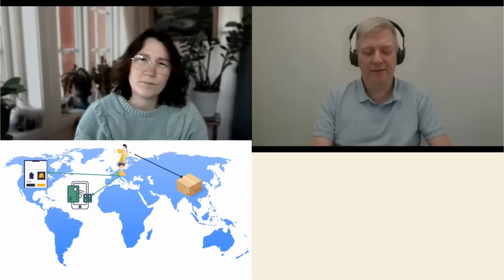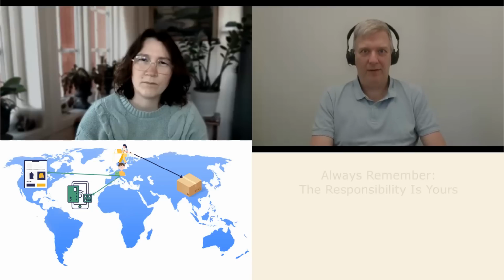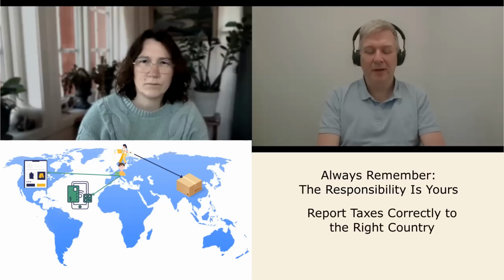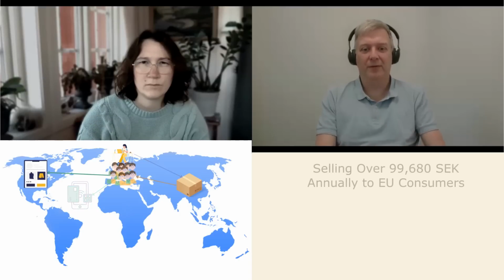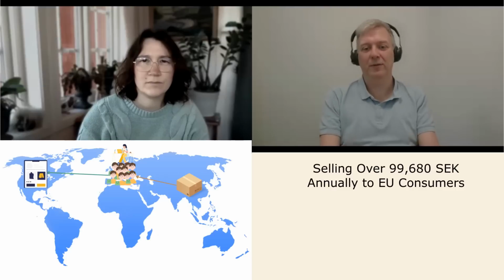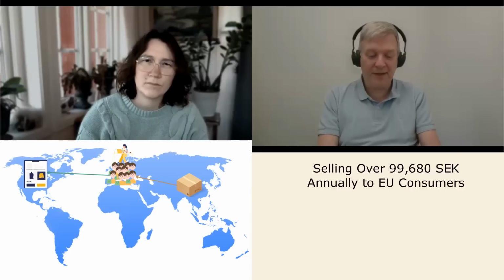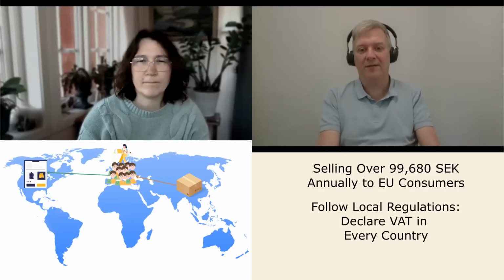Yeah, the first thing is that you have to remind yourself that you are always the one that has the responsibilities for delivering the taxes for your sales to the German customer. More or less always, I would say, because if it starts running well for you, so you sell for more than 99,680 crowns per year to customers in other EU countries, private individuals, then you have to declare the VAT in each and every customer's country.